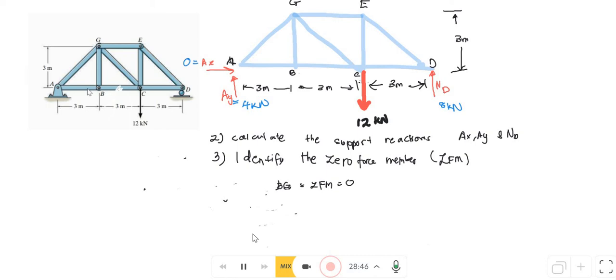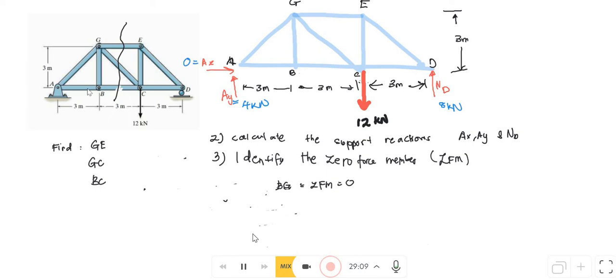But because the question asks you to find GE, GC and also BC, oh wait, I have done step number 4.